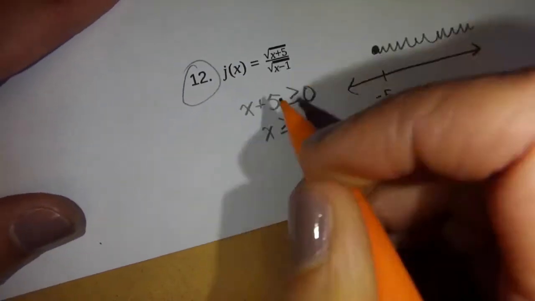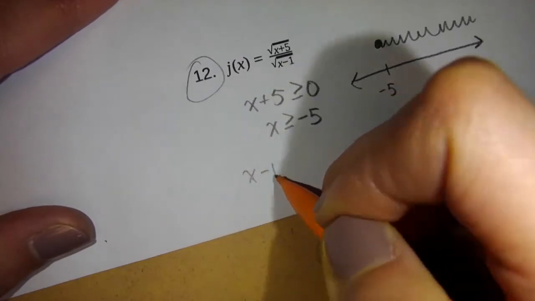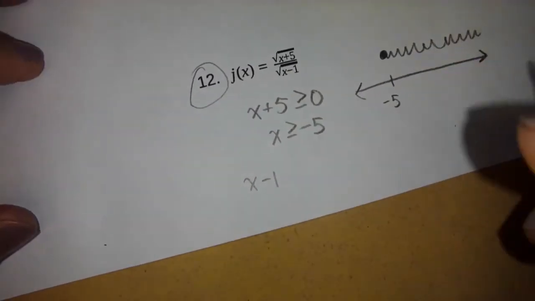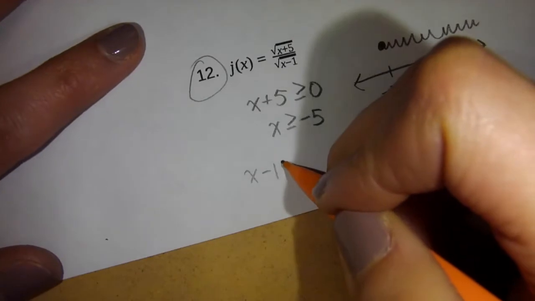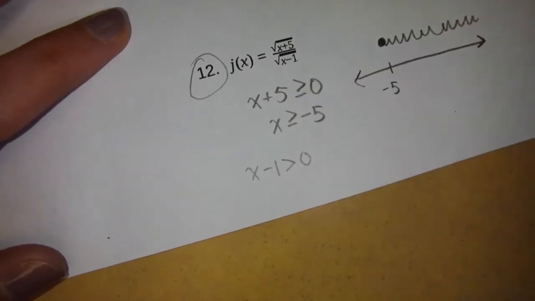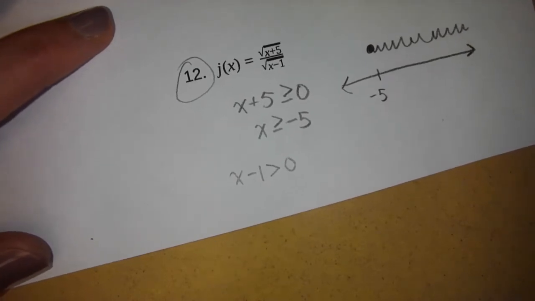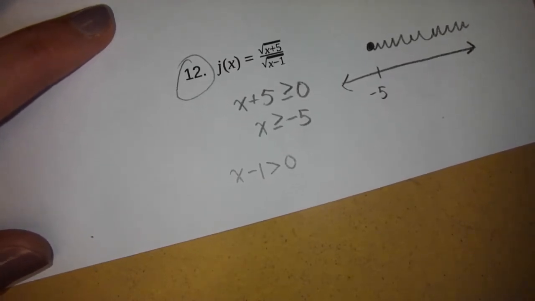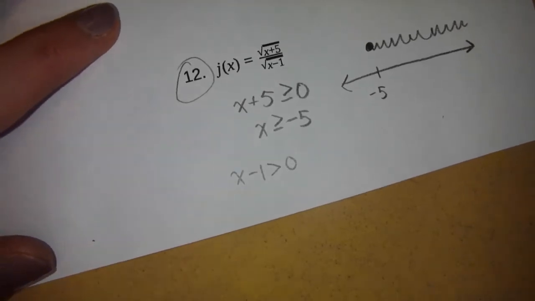For the denominator of x minus 1, when we have a radical in the denominator, it still has to be greater than 0, but it would just be greater than 0, would not be equal to, because in the denominator it cannot equal 0. But since it's a radical, it cannot be negative, so that's why it's just x minus 1 is greater than 0.